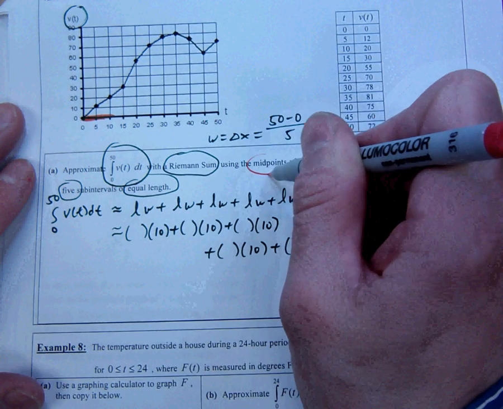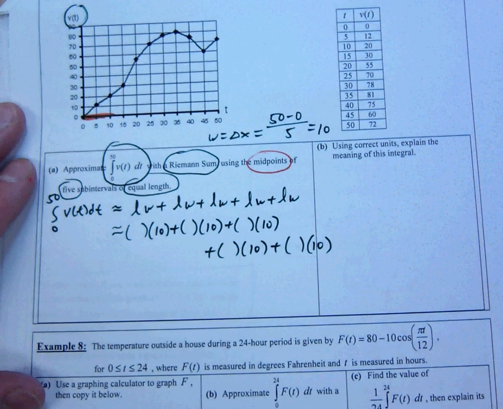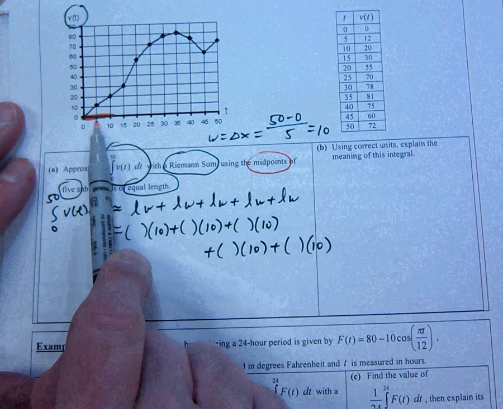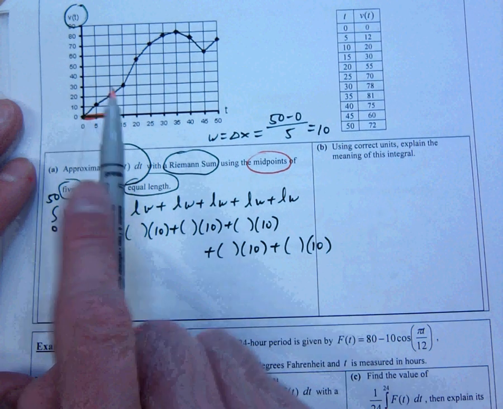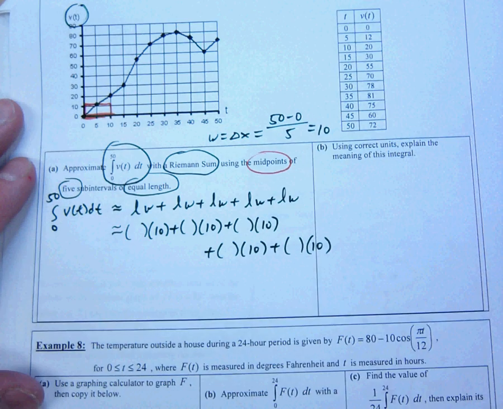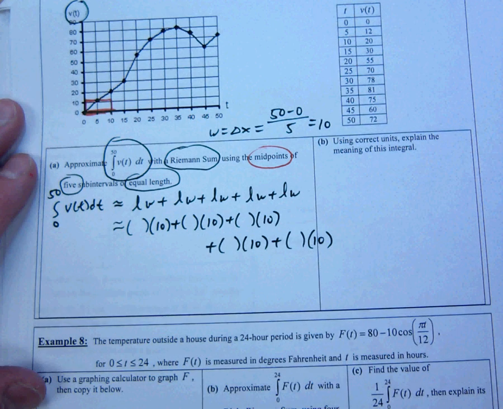Midpoint. So how am I going to get the height of that first one? I'm going to go to 5, right? Isn't 5 the midpoint? I follow it up till it hits the curve, and I get that as the height, right? V of 5 is the first height? Are you following me?